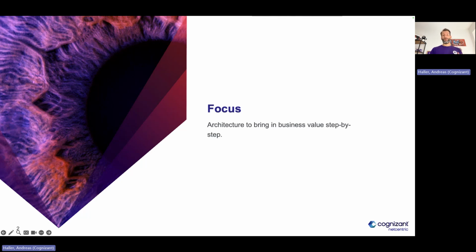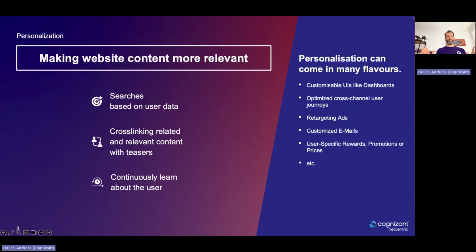But first of all, as I said, it's a wide field. The two main fields, let's narrow them down a bit. Personalization can be many things, from dashboard, cross-channel, retargeting ads, emails, etc., rewards, promotions if it goes into e-commerce, right?